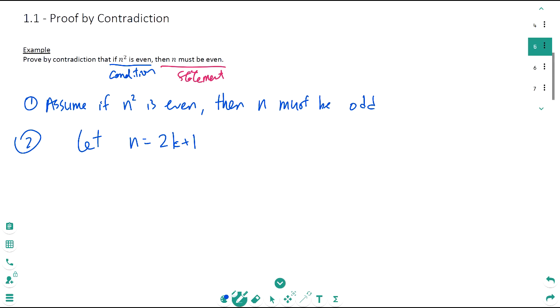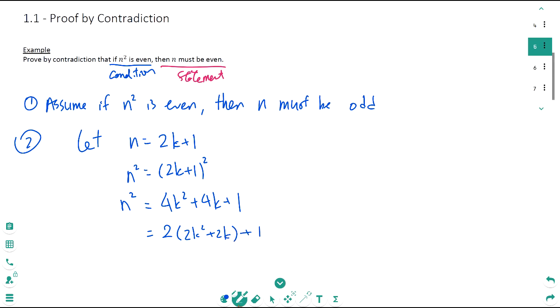We want to find n squared, so n squared equals (2k plus 1) squared, which is a double bracket. So n squared is 4k squared plus 4k plus 1, which equals 2(2k squared plus 2k) plus 1. The reason I do that is because now I can show this is even.